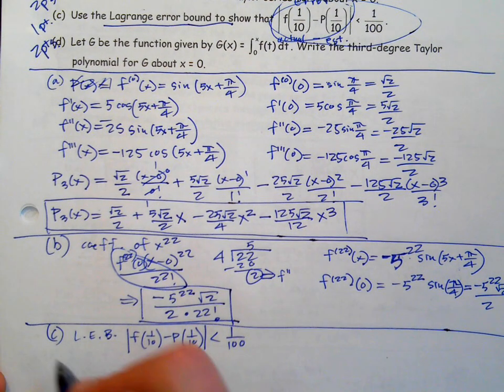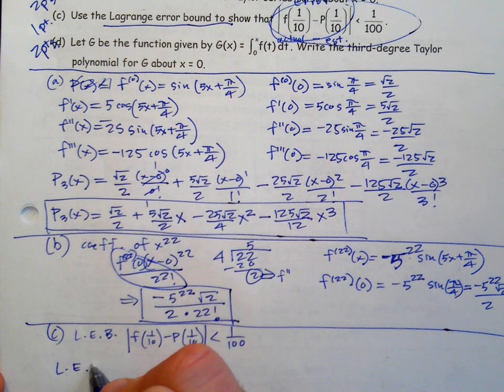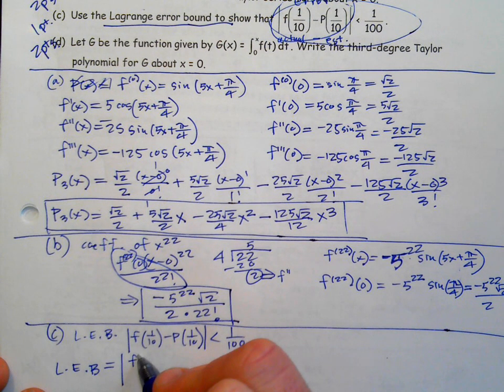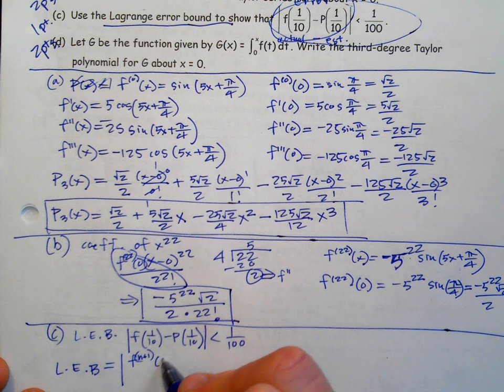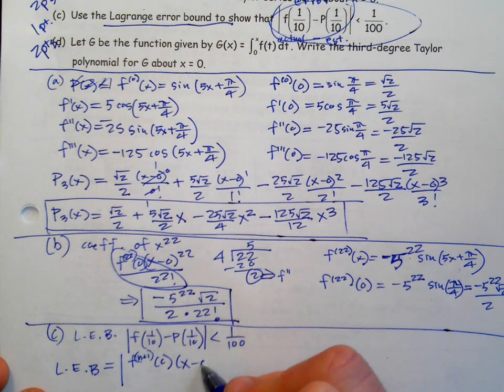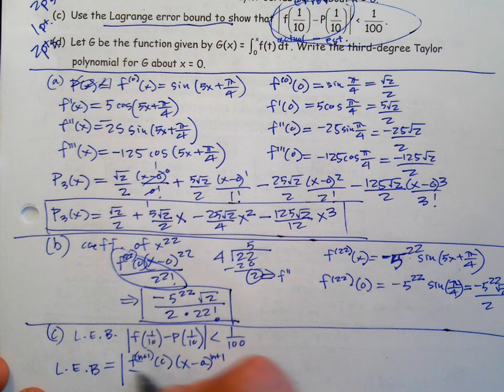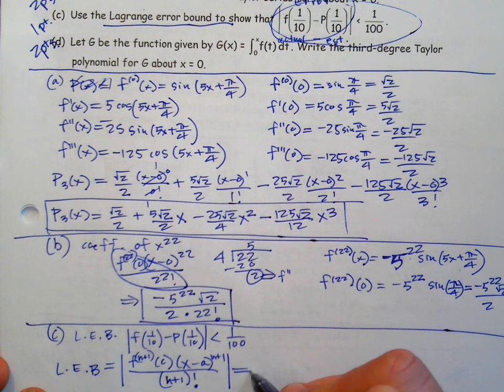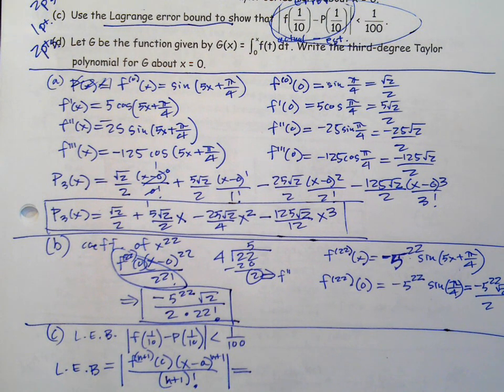So let's break out our Lagrange error bound knowledge. Lagrange error bound is the absolute value of the n plus 1 derivative at a c value, times x minus the center to the n plus 1 power, over n plus 1 factorial. So in our case, which derivative are we at?